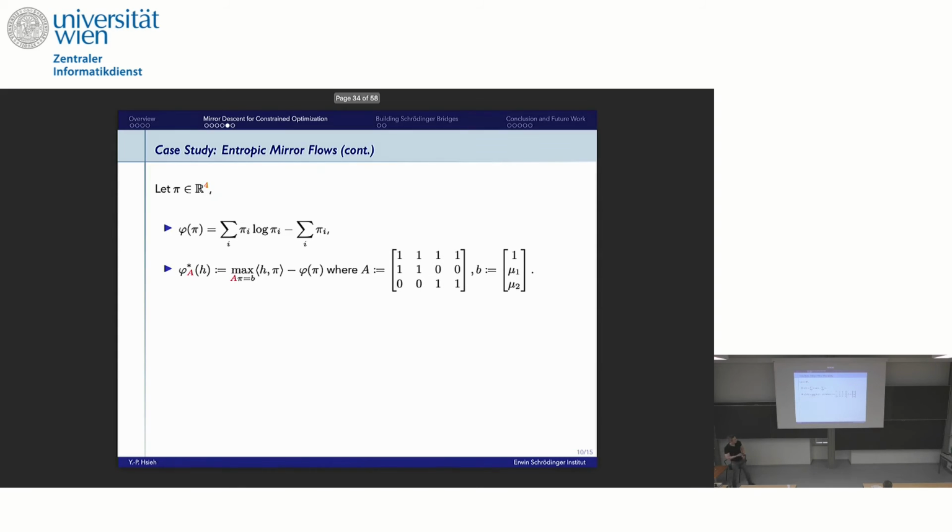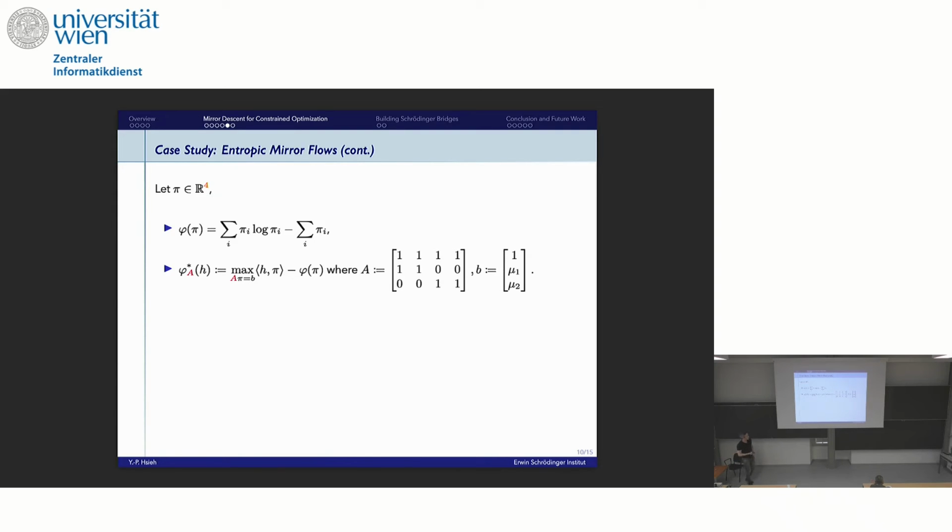But in this case, I'm going to take this particular matrix A. If you look at what this matrix is doing, the first row is just saying the sum of the variable pi has to be 1. So the first row corresponds to the simplex constraint. The second row says the sum of the two elements has to be some number, which I called mu1 here. And then the sum of the remaining two should be mu2. Okay? So this is a specific example.